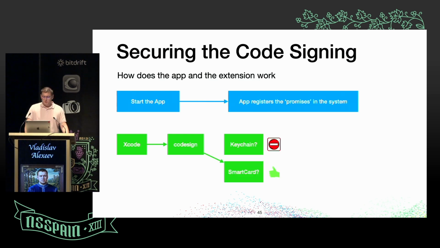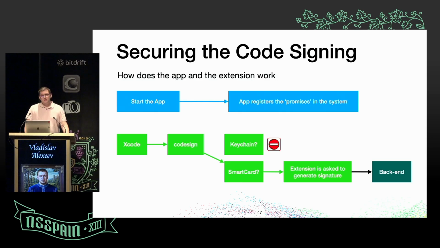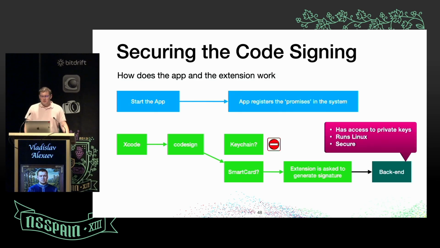Then it will look elsewhere and it will find the smart card with that signing identity. And the smart card API will actually trigger the extension to perform the code signing process. And then the extension in turn will delegate the thing to the backend. And the backend in turn is secure and runs Linux and has Python and stuff like that. And it has access to all the private keys.